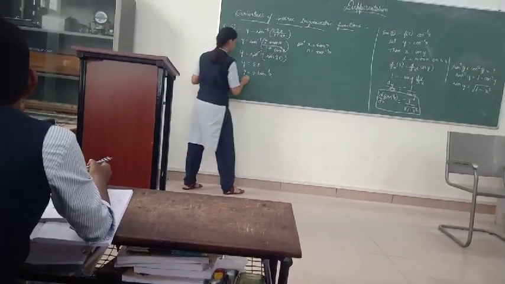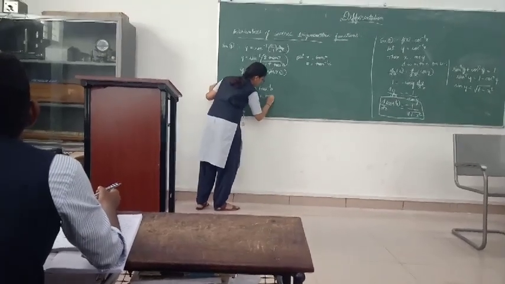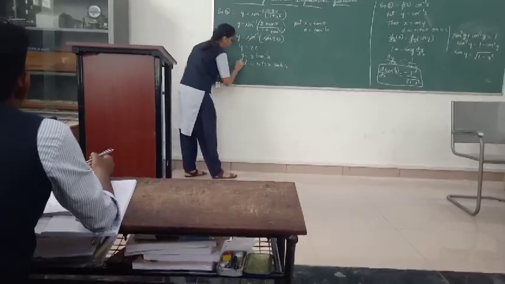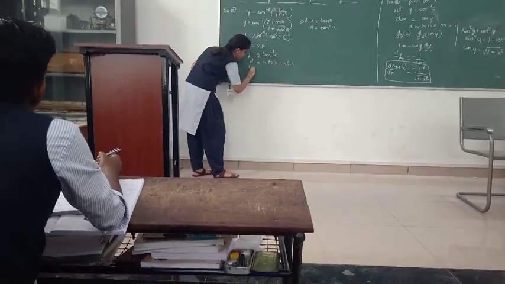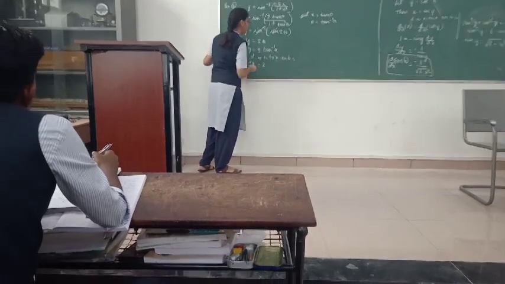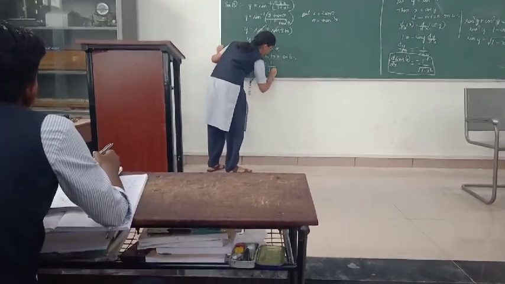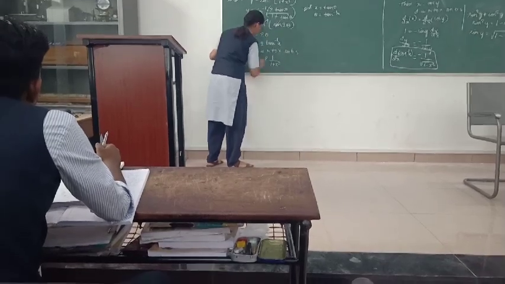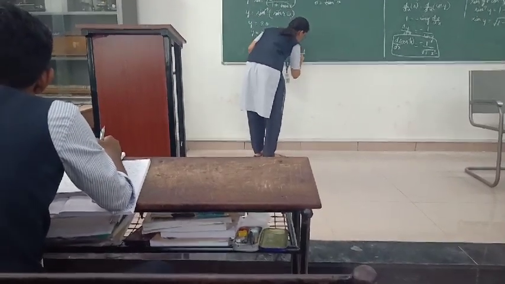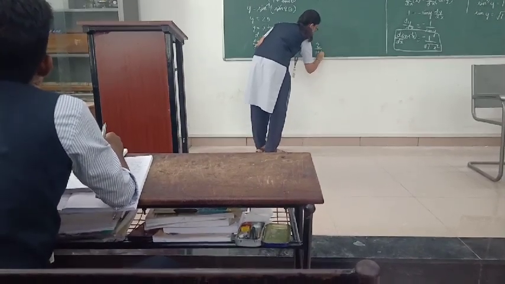Now let us differentiate this. dy by dx is 2 times the differentiation of tan inverse of x, which is 1 divided by 1 plus x square. Or you can write dy by dx equal to 2 divided by 1 plus x square.